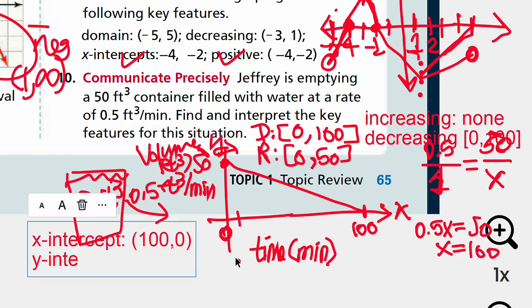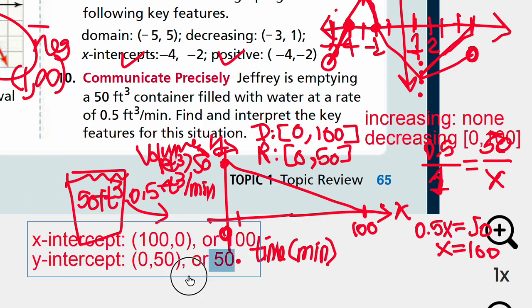And your y-intercept is when the graph crosses your y-axis, which is your starting point, (0, 50). Okay, so remember that your domain and range, the bracket, is your interval notation. X-intercept and y-intercept is your coordinate point. So you can write the coordinate, or you can just say 100, or when x is equal to 100. And then y-intercept, or you can just say 50. Okay?